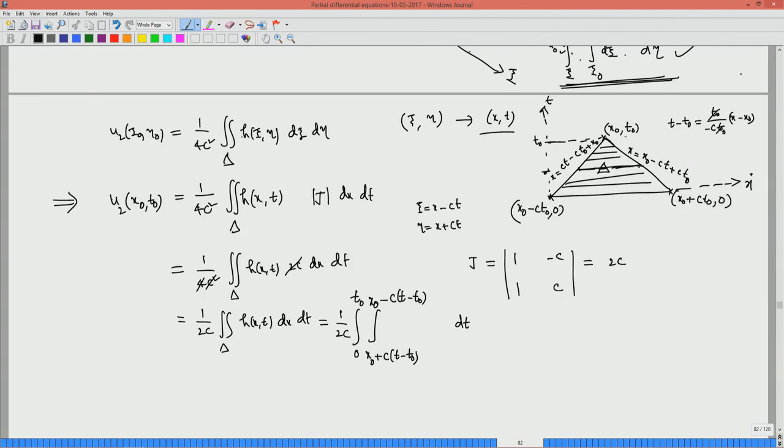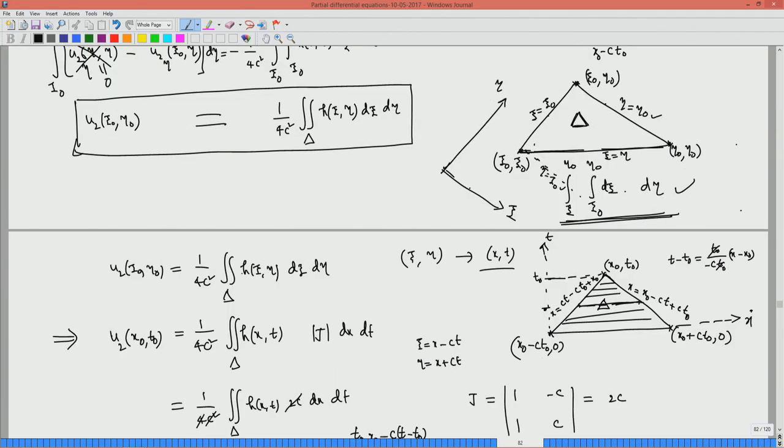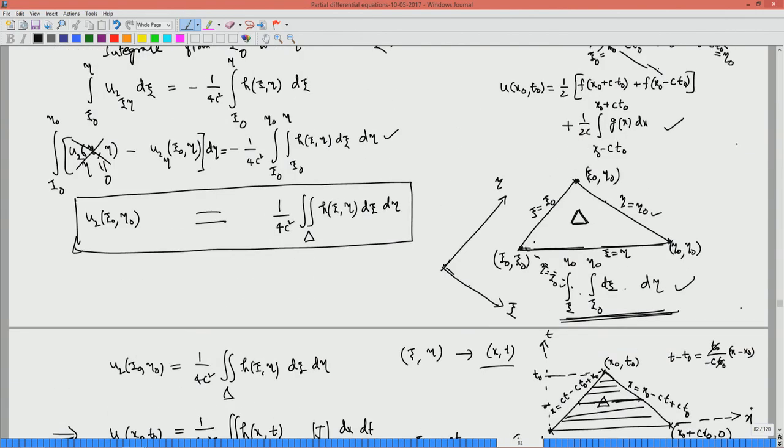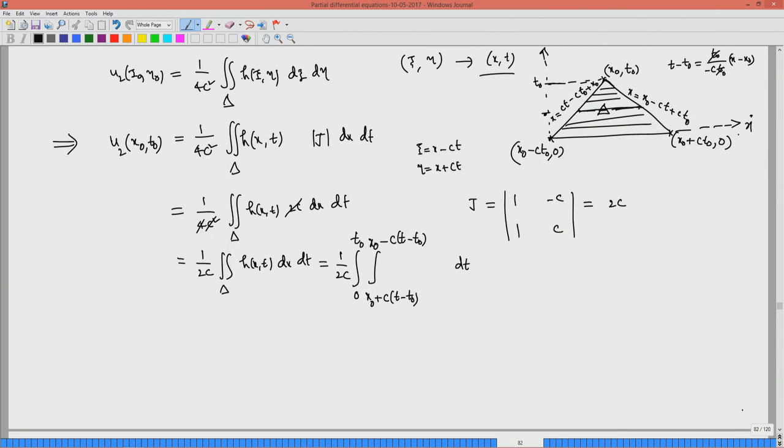So, am I doing this properly? So, we have t naught minus this, that is fine, okay. That is your h of x t dx. Dx, x is running from this to this, okay.